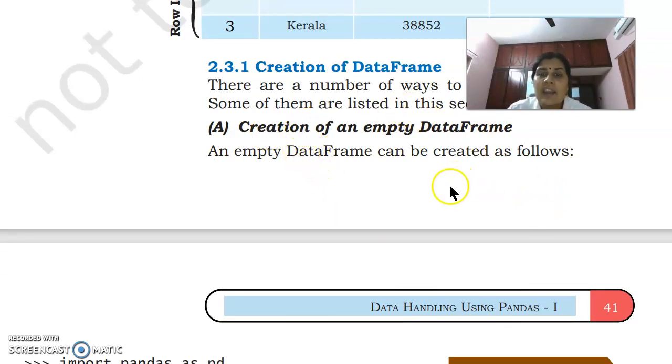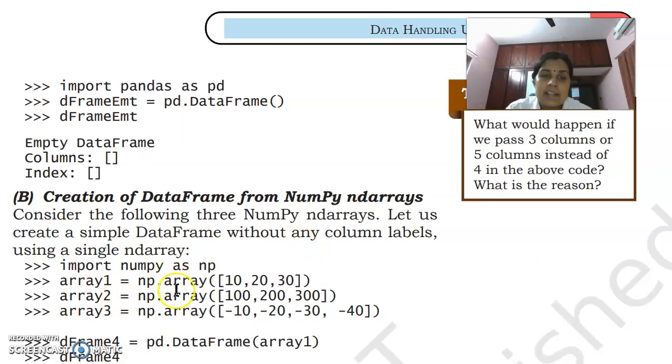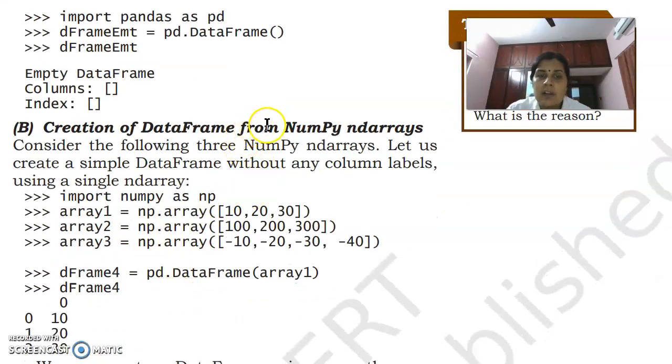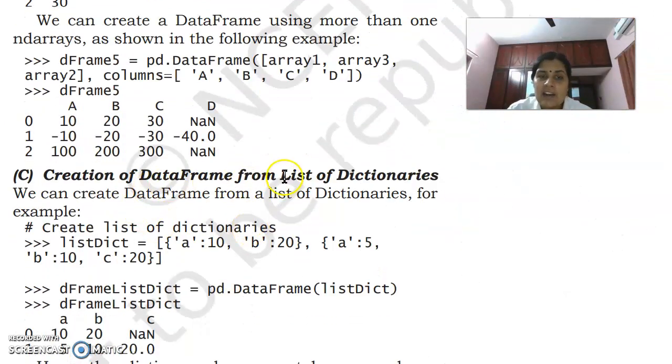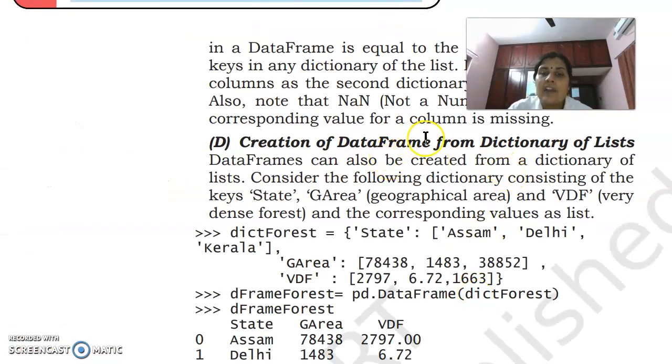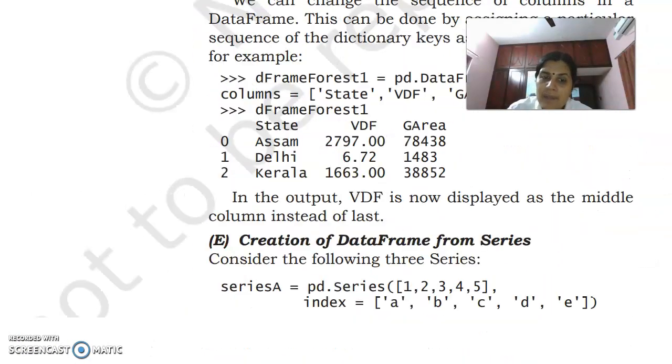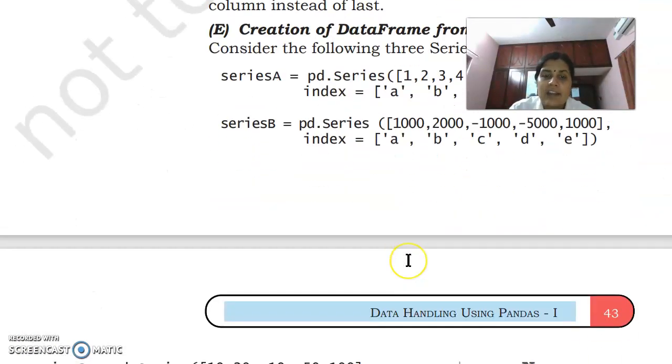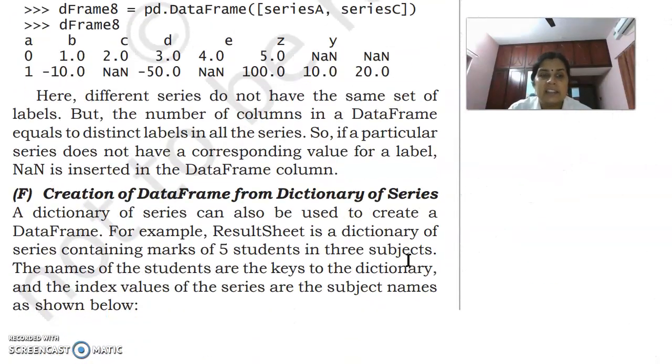First is creation of an empty data frame. Second is creation of data frame from NumPy arrays like in series, and creation of data frame from list. We have also done that in series. Creation of data frame from dictionary, that also we solved in the topic series. Creation of data frame from series.